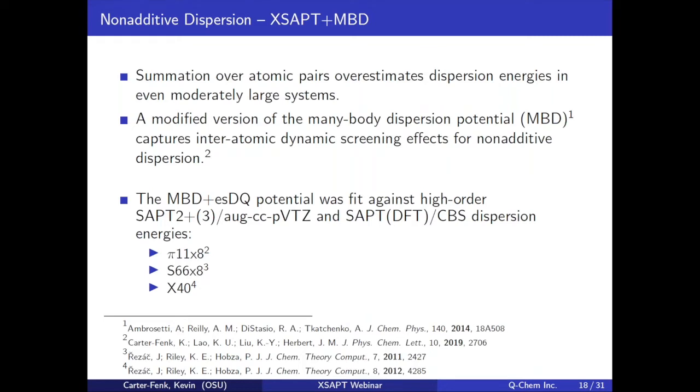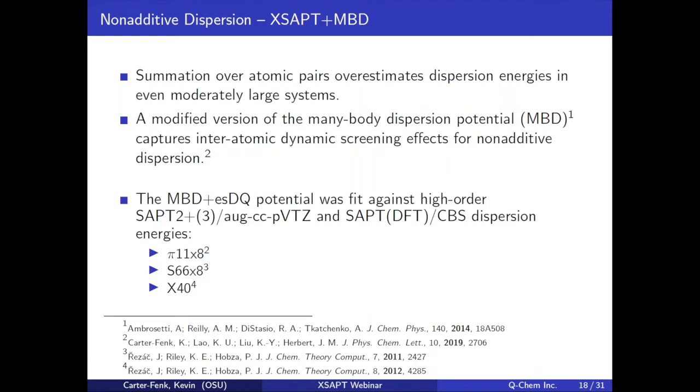So the data sets briefly are this pi 11 by 8 data set introduced by us. This is a set of 11 pi stacked dimers at 8 points along the intermolecular separation coordinate. And the S66 by 8 data set is a set of 66 dimers, again at 8 points along the intermolecular separation.